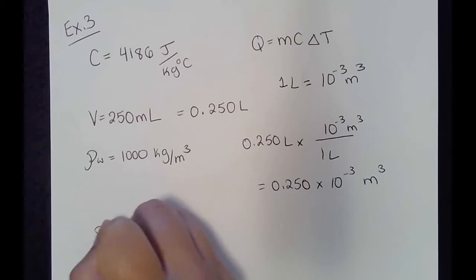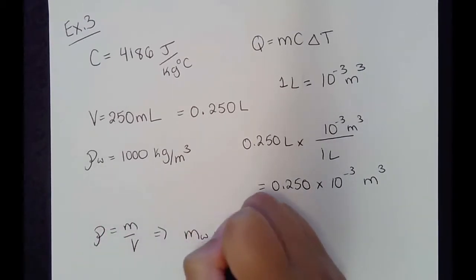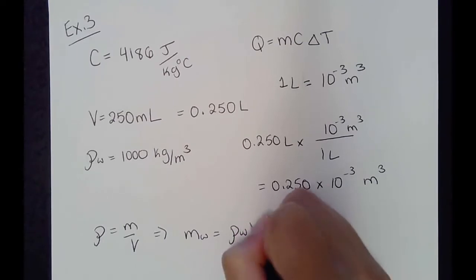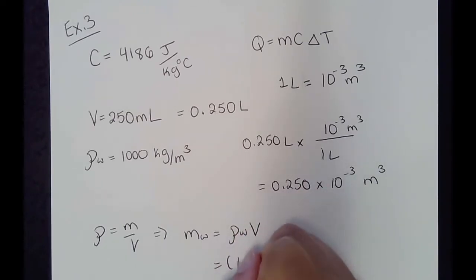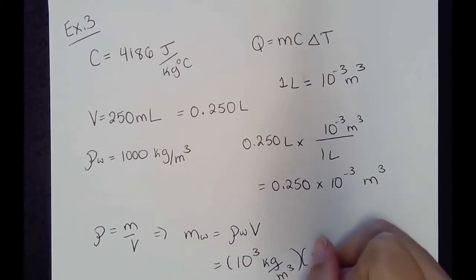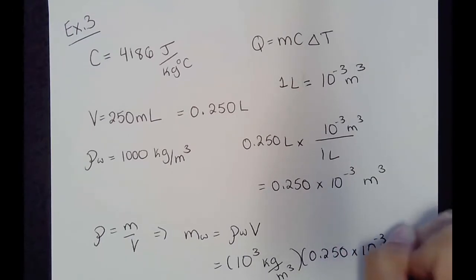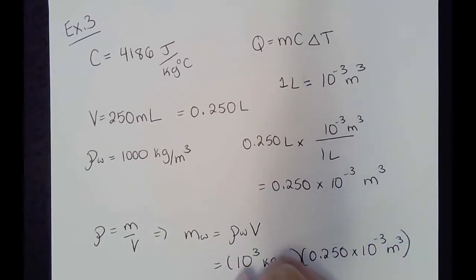Now with that, we can use the density in order to convert to a mass. So density equals mass over volume, so the mass of the water will be the density of the water times its volume. So that's 10 to the 3 kilograms per meter cubed times 0.250 times 10 to the negative 3 meters cubed, and this is 0.250 kilograms.